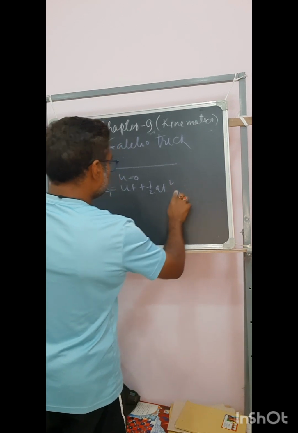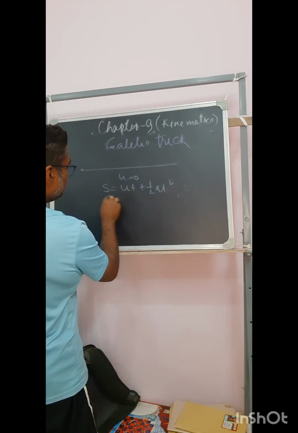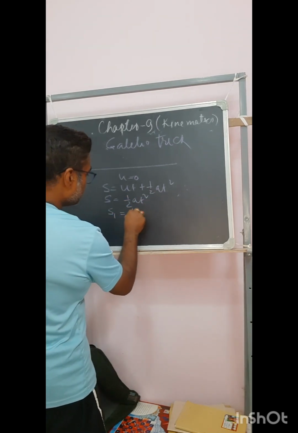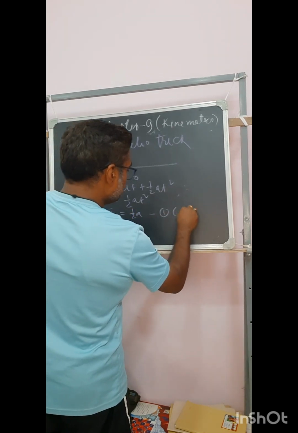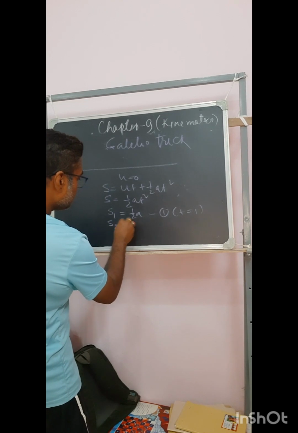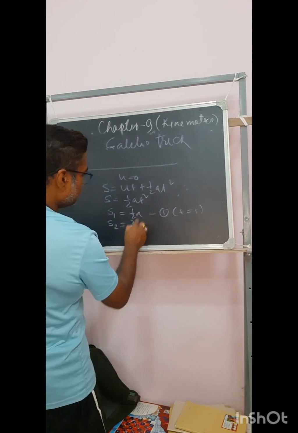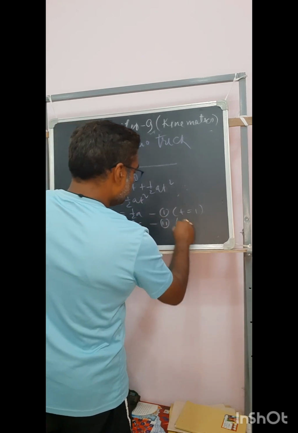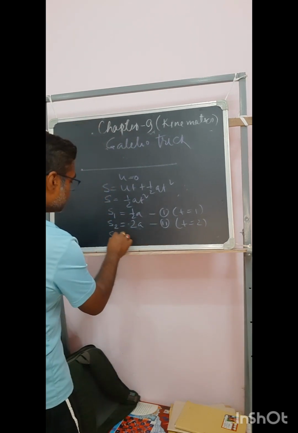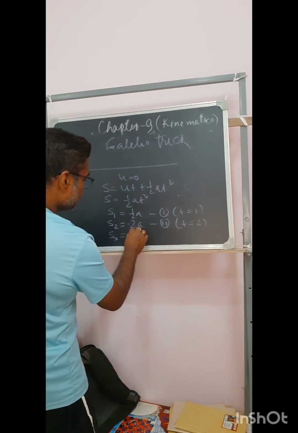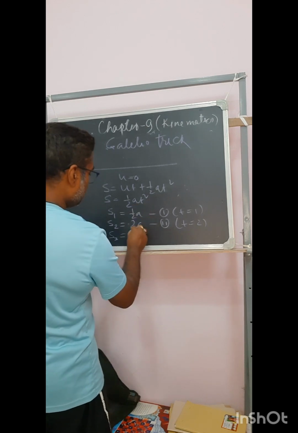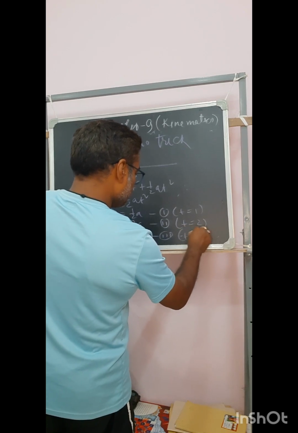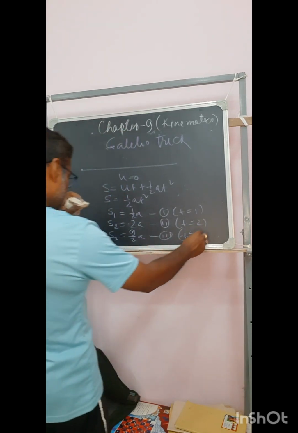Now I consider u = 0, that means the equation becomes s = half at square, depending only on the acceleration. Now for s1, t = 1, it is half a. For t = 2, t square means 4, so s2 is 4 by 2 a. For t = 3, s3 is 9 by 2 a.